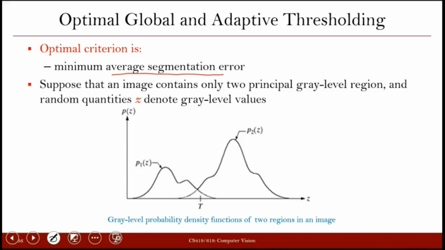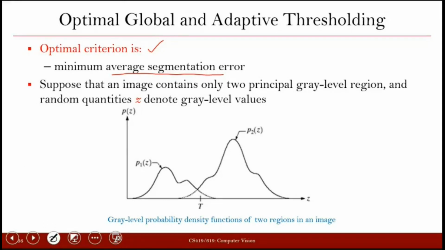Error in the segmentation can occur in two cases. One where a foreground pixel is said to be a background pixel, and another where a background pixel is said to be a foreground pixel. So when we are selecting a good threshold, our objective is to minimize the average segmentation error.